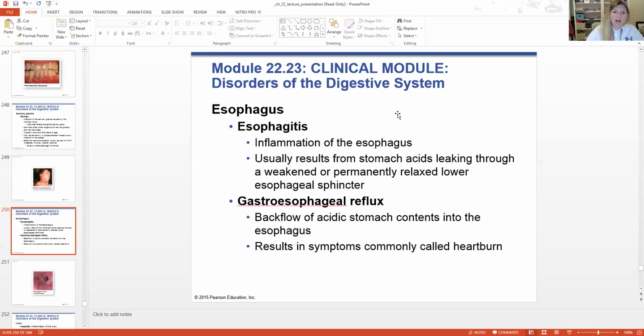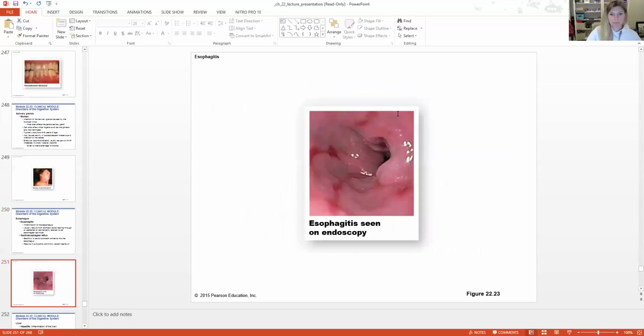It could also be caused by a smooth muscle issue with that cardiac sphincter itself. So when that stomach acid backs up into the esophagus, it could cause this inflammation and the erosion of the esophagus itself. There is esophagitis. It's very inflamed, so you can tell the redness in there. It should not be red. It should just be a nice soft pink.